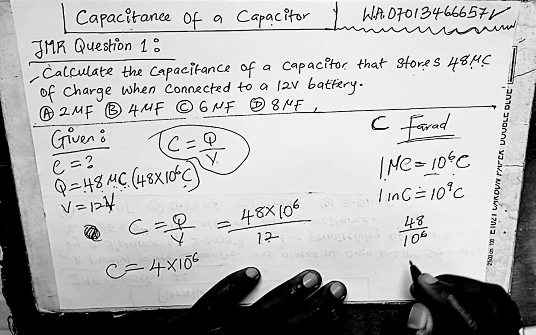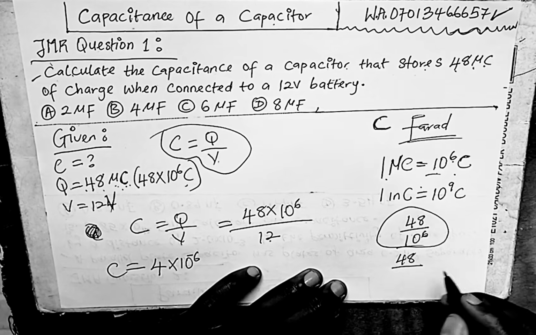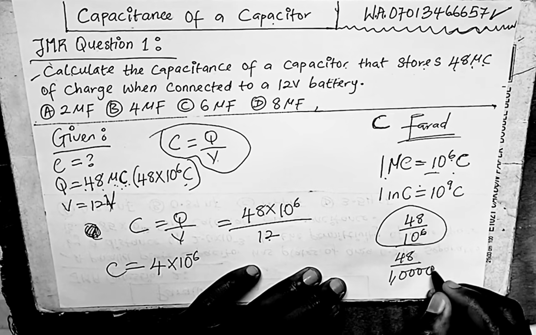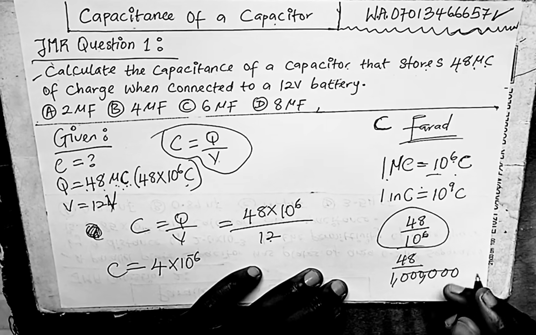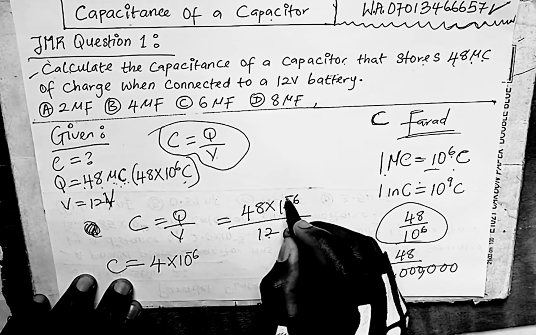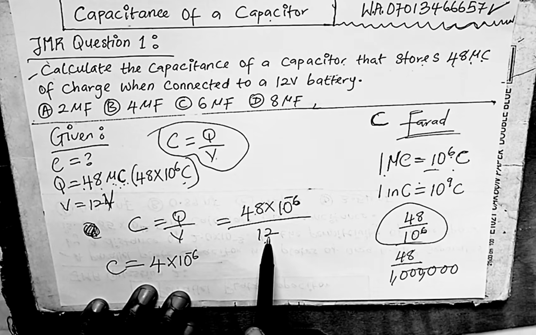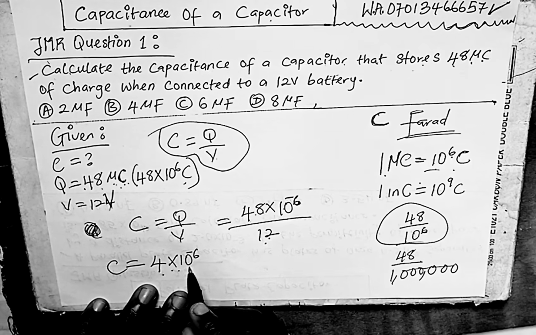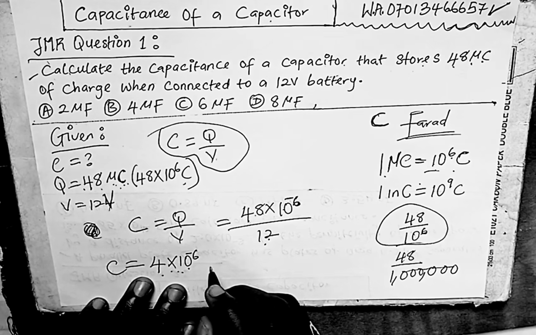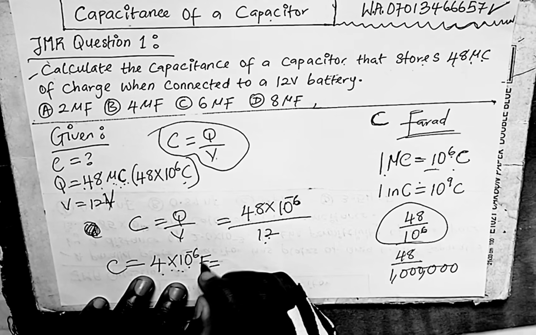So to convert, we say 48 divided by 1 million. If we put the answer in standard form, it will be raised to power minus 6. So 48 divided by 12, we get 4 times 10 raised to power minus 6, which is equal to this one now in farad.